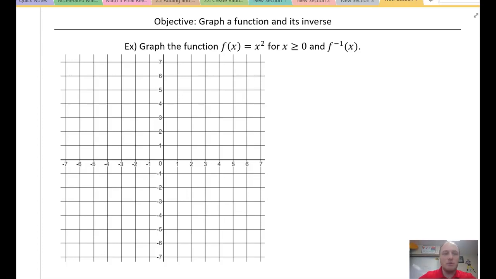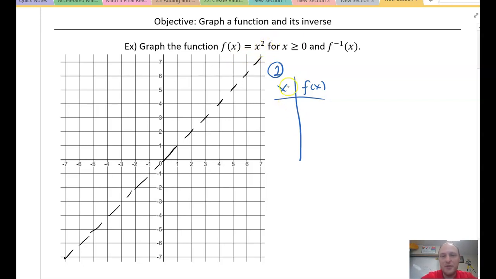So again, first we'll plot our dashed line y equals x. Here it is, step 1. And then step 2, I want to plot this. So we're going to make a chart. Here's x, here's f of x, which is just x squared.